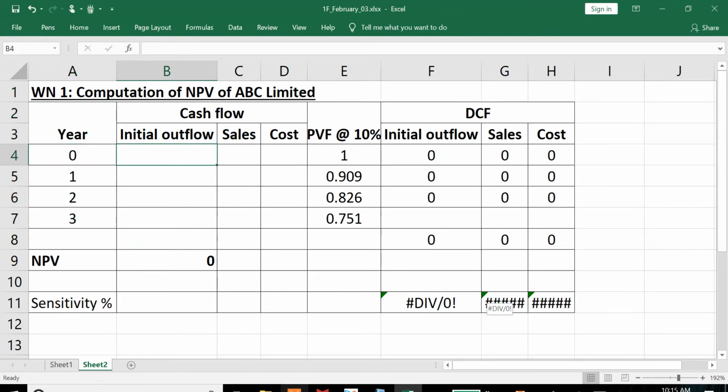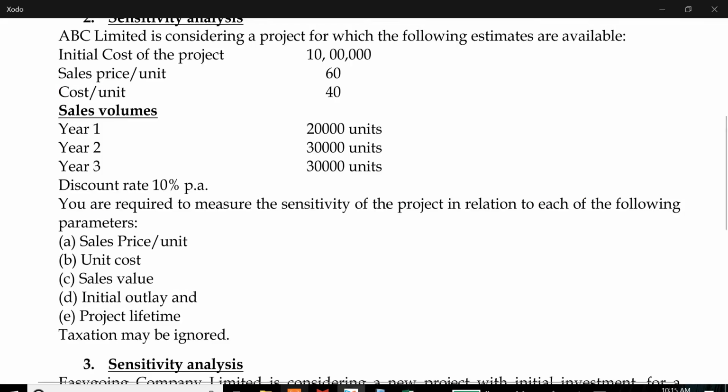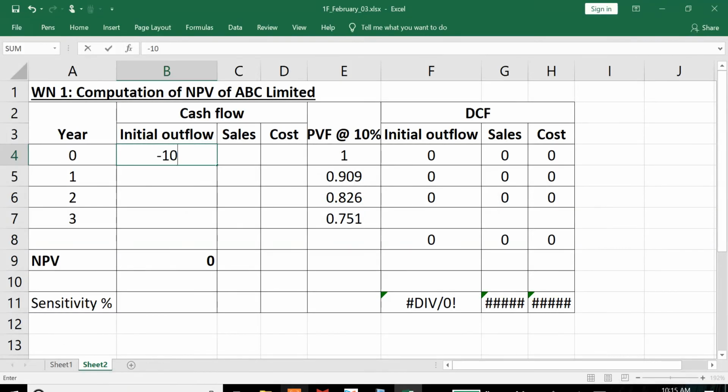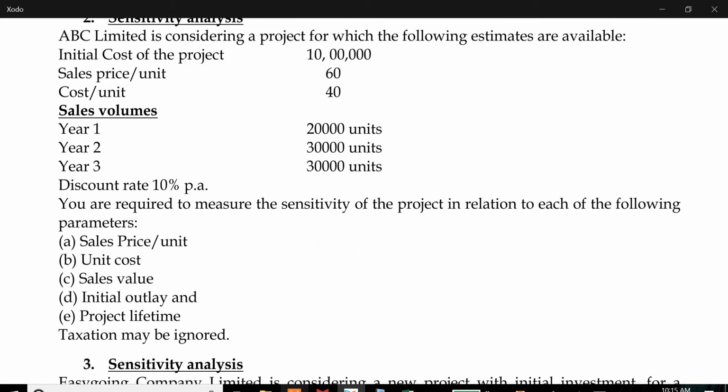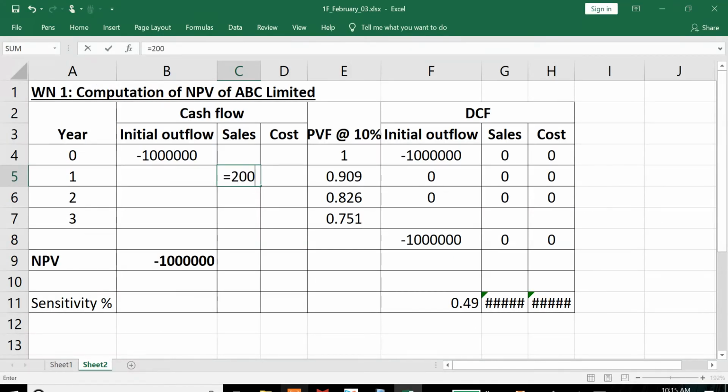Okay, let's start. What is the initial outflow? 10 lakhs. Initial outflow is 10 lakhs. Sales for the first year 20,000 into 60.